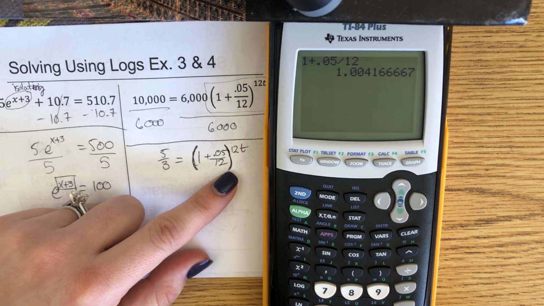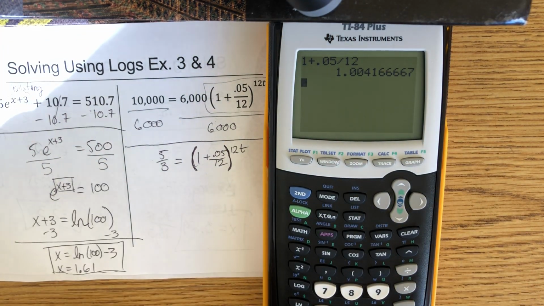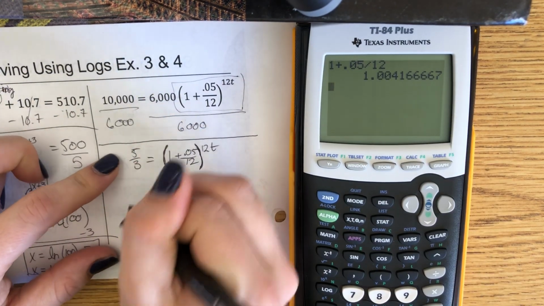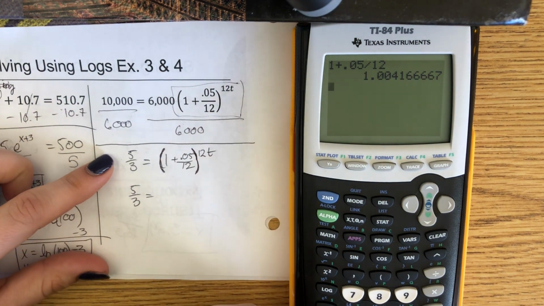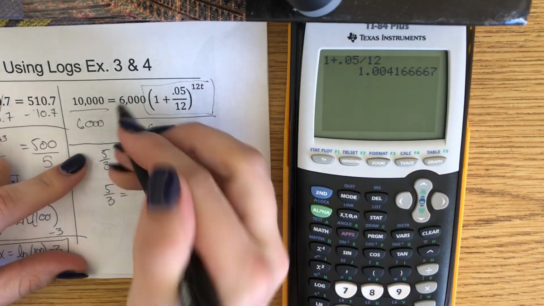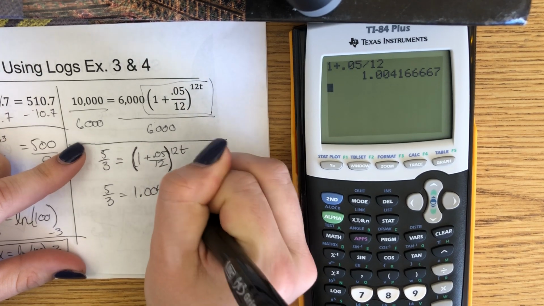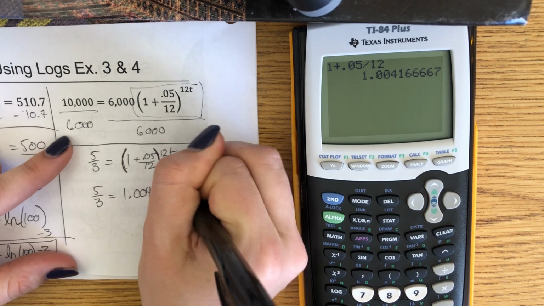And I get this. I'm going to round to lots of decimal places, like 6 decimal places, because exponentials with their really fast growth, those extra decimal places really matter. 1.004167 to the 12t.